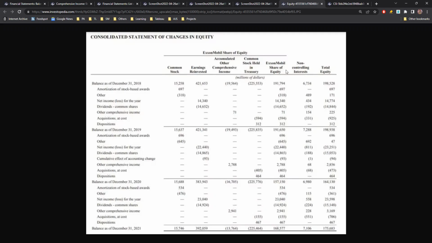And we can see from these different sections some elements and numbers. Now let's try to understand the components on the top. Starting with comprehensive income, we have just understood what comprehensive income is, and then we have something called earnings reinvested.